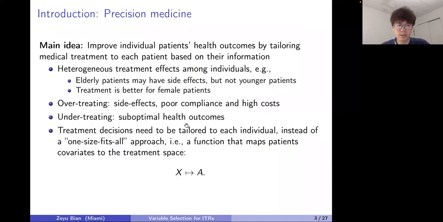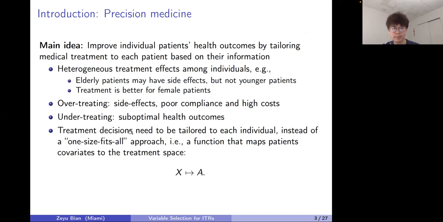There are also other reasons. Overtreating will yield side effects, poor compliance, and high costs. On the other hand, undertreating will have suboptimal health outcomes. In this way, treatment decisions need to be tailored to each individual instead of a one-size-fits-all approach.